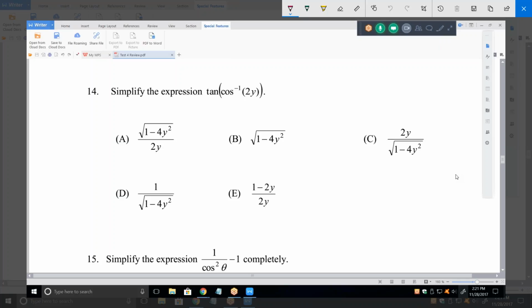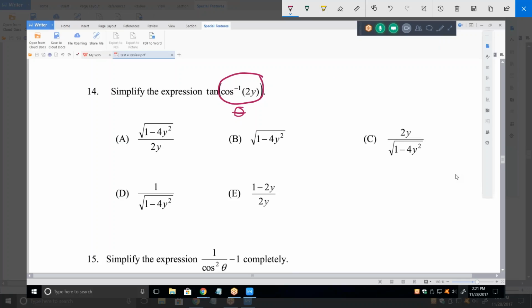So this would be 2y. So the angle is 2y. What's the first step? And this is a very important step. It's to make sure you know that that is an angle. We'll call it theta. It's not y. It's theta. When you take the inverse trig function of something, you get an angle. We don't know what the angle is, but we're going to call it theta. Okay?